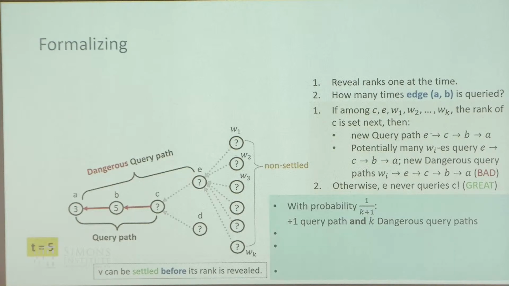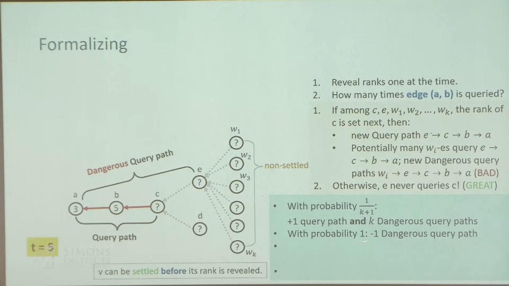Now, luckily, the probability of the first case happening is only 1 over K plus 1. And with this probability, we get new query paths, and all these paths, which would be A, B, C, E, and then these look-ahead paths, they would become dangerous. Again, dangerous paths can eventually become query paths, which, again, we don't like that much.